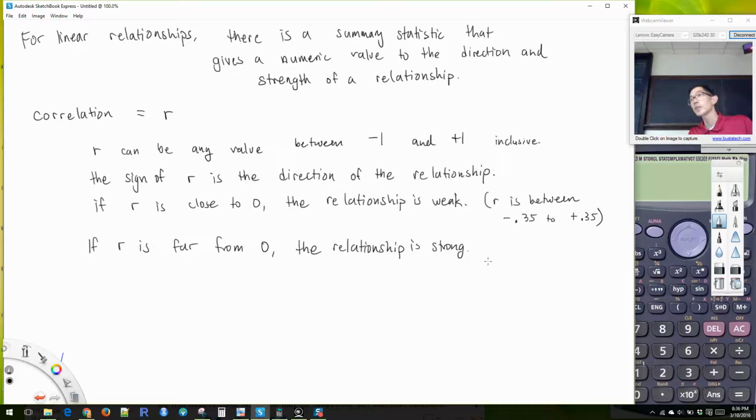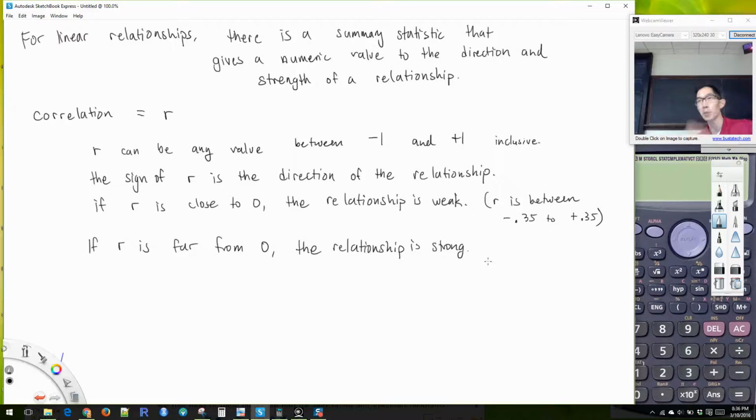And depending on the context, we'll decide what is determined to be far from 0. Okay? So if you're talking about robots, you would expect your R to be over 0.9 almost all the time. Machines, you'd expect R being quite high.